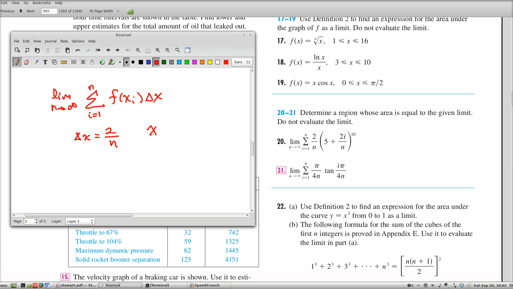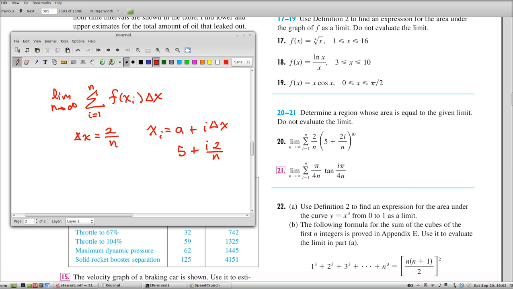And xi here, you can think of xi as a plus i times delta x. So is there some way, maybe we can think a here is 5. That would make sense, and actually i times 2 over n makes perfect sense for what we already have for delta x.